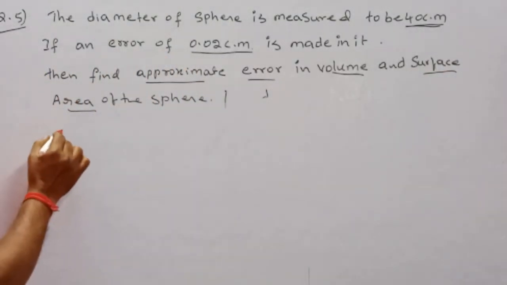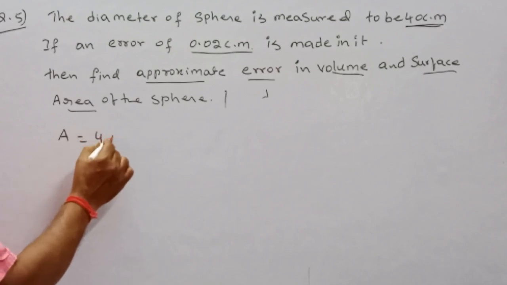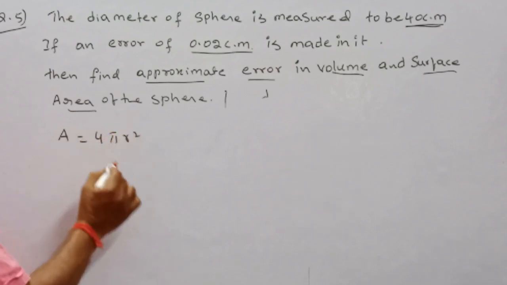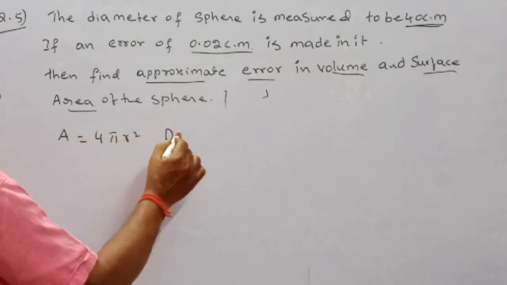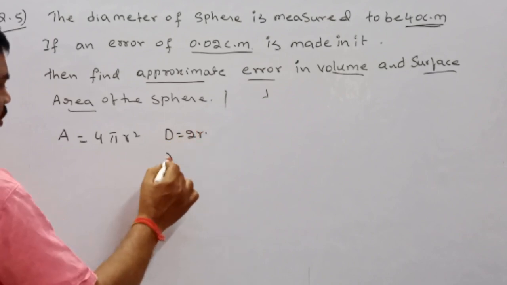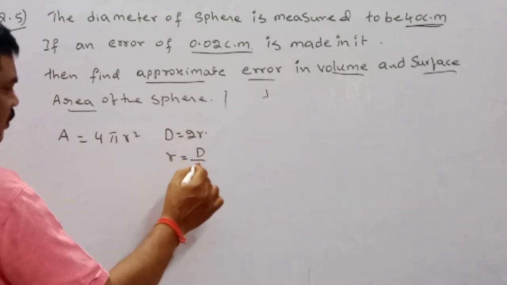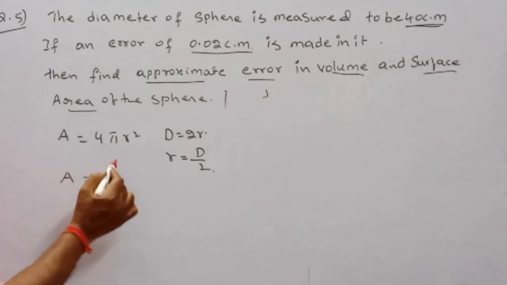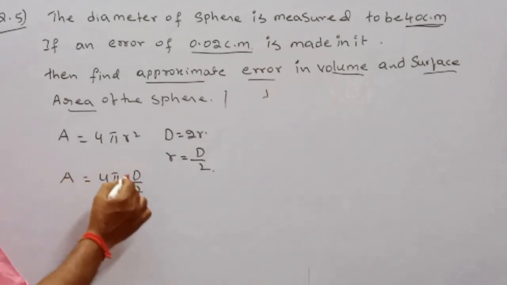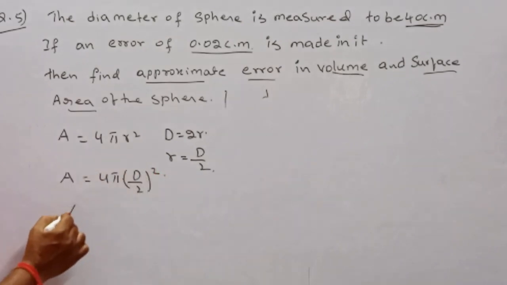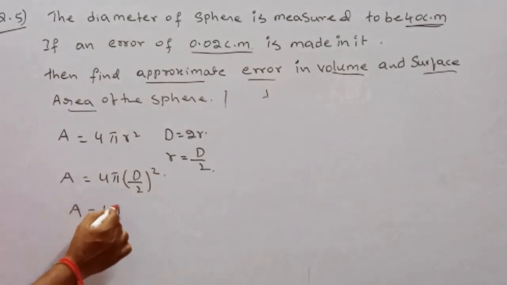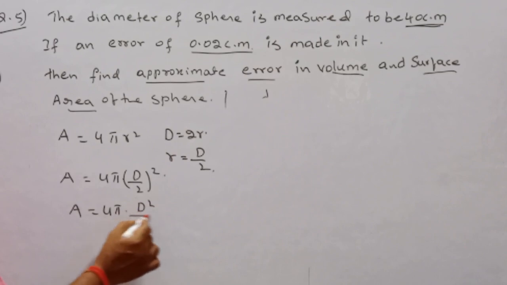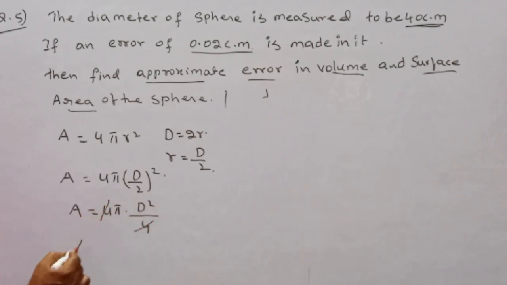So surface area A is equal to 4 pi r square, but D is equal to 2r, r is equal to D by 2. Then A is equal to 4 pi into D by 2 whole square. A is equal to 4 pi into D square by 4. 4 cancel.